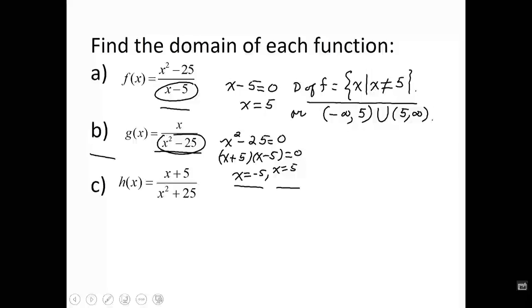So the domain of g would be the set of all real numbers x such that x is not equal to negative 5 and x is not equal to 5.